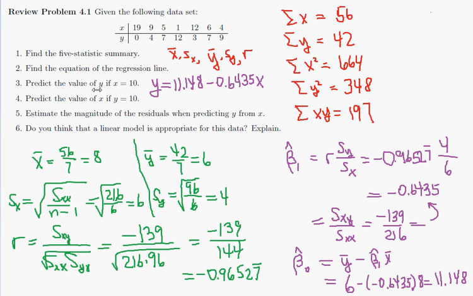Predict the value of y if x equals 10. Well, plug in 10. So for part 3, to predict the value of y when x is equal to 10, we'll just simply let x equal 10. So y is equal to 11.148 minus 0.6435 times 10, so 6.435, just moving the decimal place over 1.